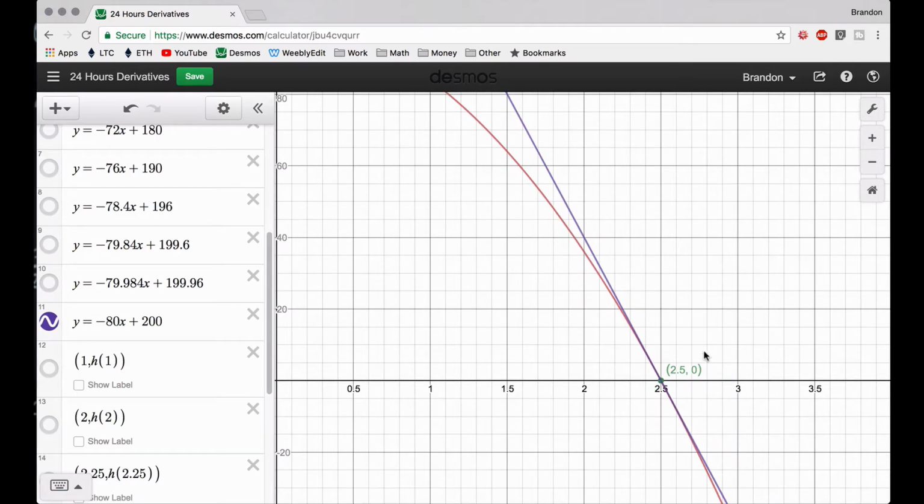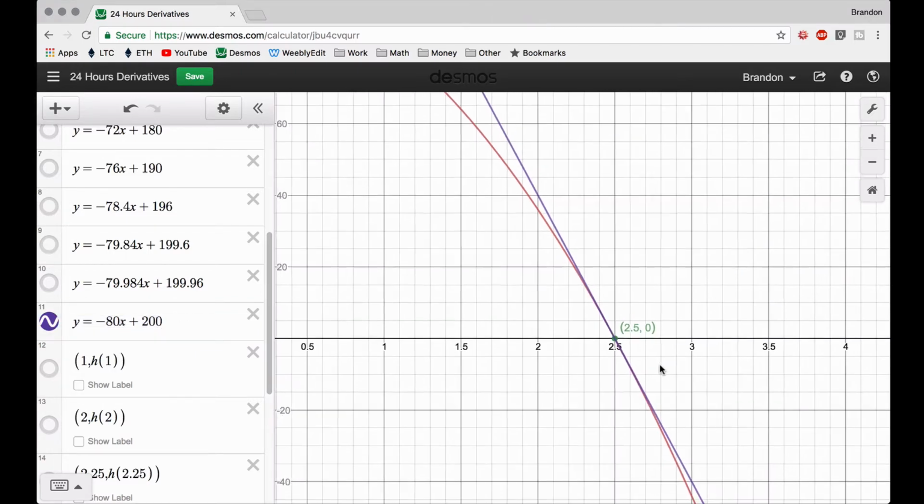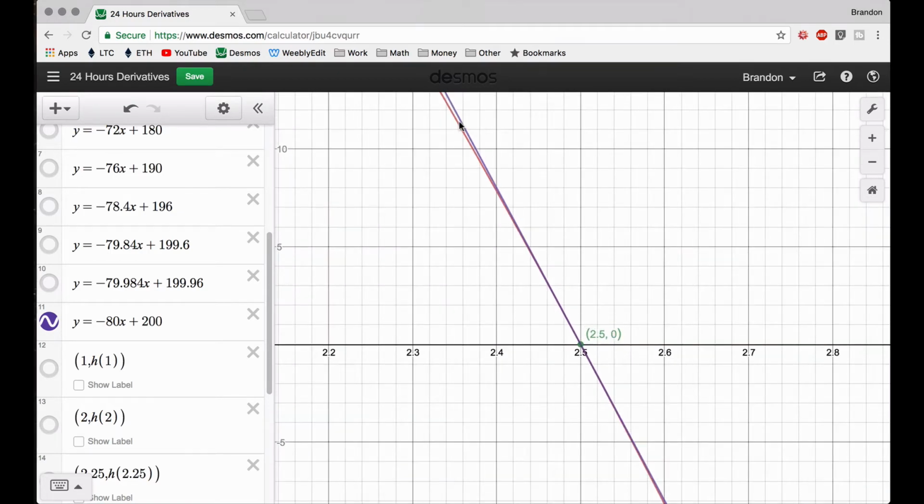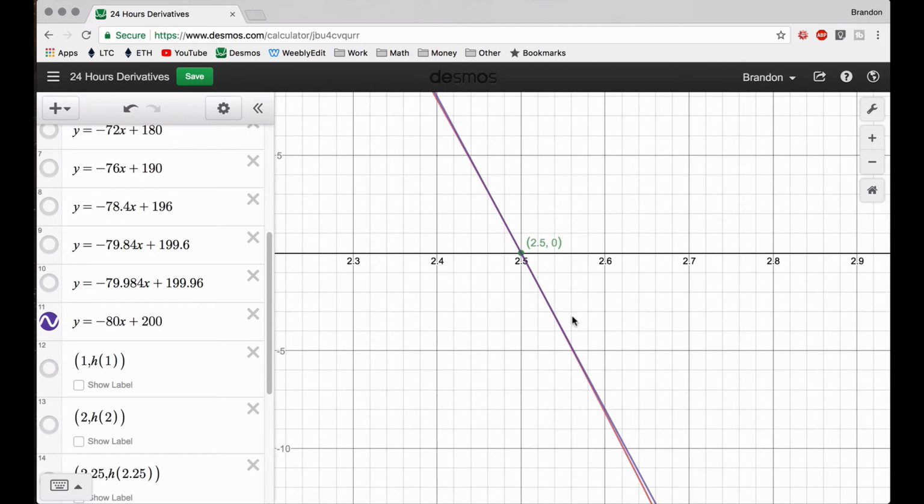And what I have done now is I've gone back and hidden all those other secant lines, and if I were to zoom in, you see this purple line here, this is our tangent line, that last equation that we found when we were writing the notes down, negative 80x plus 200. This is the equation of our tangent line. And if I zoom in, you're going to notice that there is a little gap between the red and the purple, both here and here.